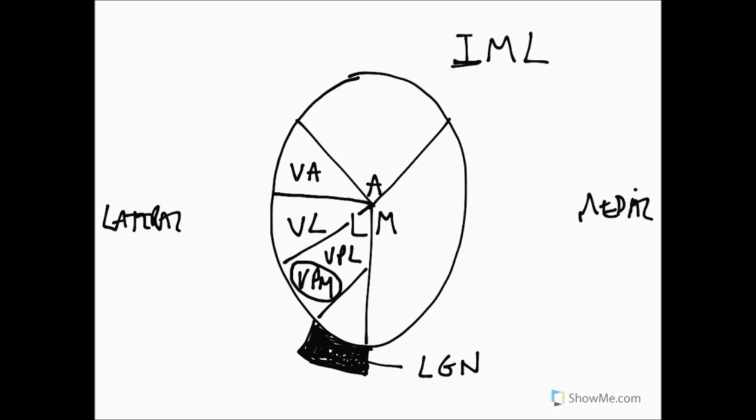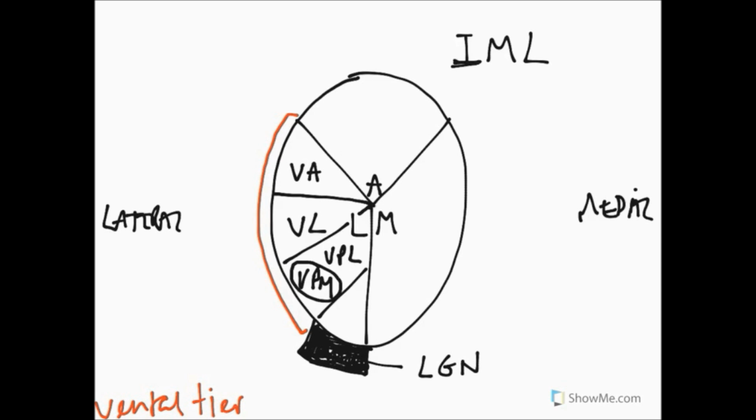And then at the back here we've got the LGN, which is this block coming off the back, and that is the lateral geniculate nucleus. Now collectively we can say that all of this group down here, certainly down to there, is known as the ventral tier. I mentioned that term tier before, and just to help you understand some of the textbooks that describe this, it will avoid some confusion, I think.